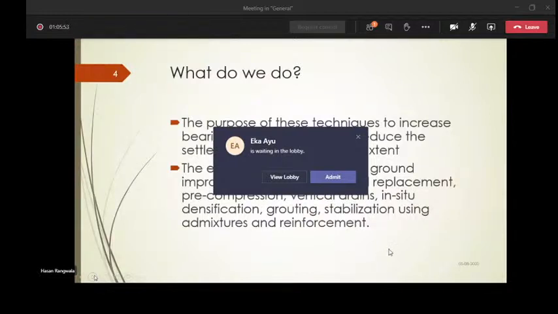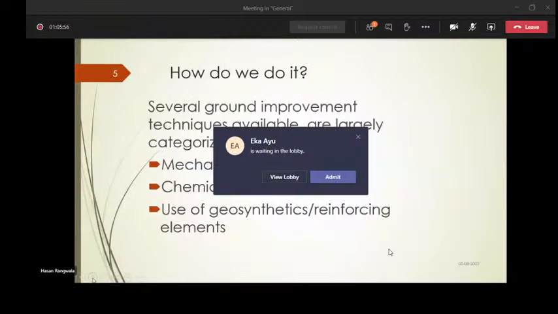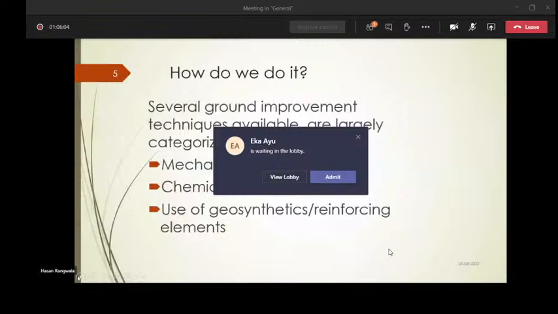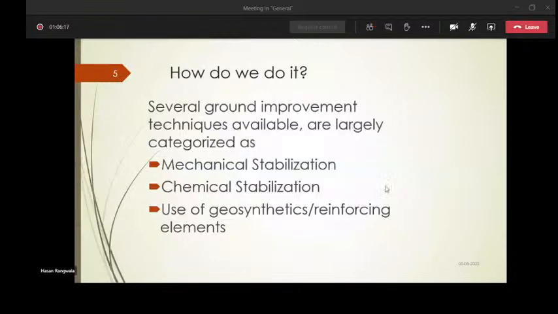So we can do this ground improvement with various methods or techniques. But largely it is divided into these three categories: mechanical stabilization, chemical stabilization, and geosynthetics or reinforcing elements.